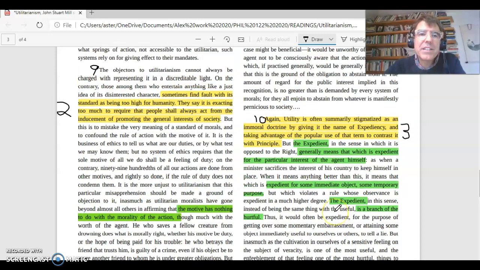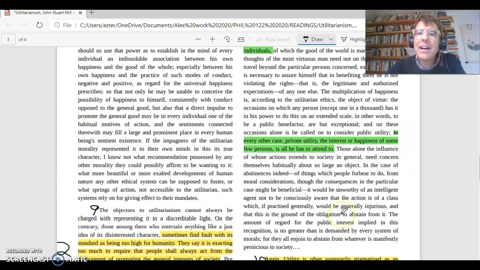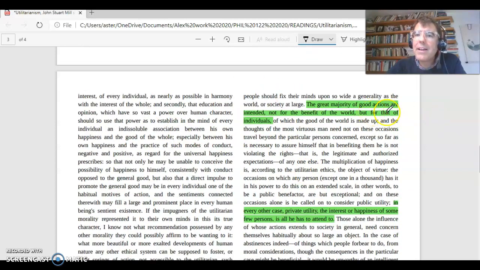Let's go to another piece of his rebuttal, which will be later in that same paragraph, paragraph 9. According to Mill, the great majority of good actions are intended not for the benefit of the world, but for that of individuals. So his response to the too high for humanity objection is that we don't have to figure out what will benefit the whole world all the time.